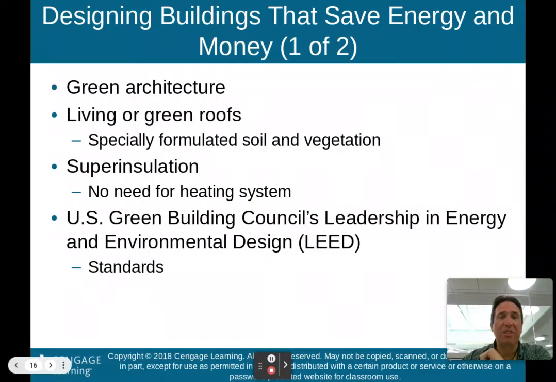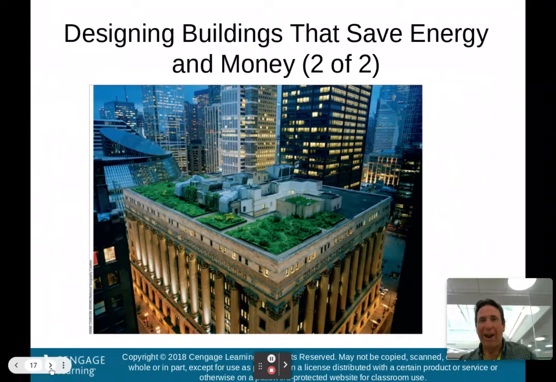Living or green roofs, specially formulated soil and vegetation that actually grow on the roof of a building. Super insulation, when you have no need for a heating system. The U.S. Green Building Council's Leadership in Energy and Environmental Design, called LEED, is in the process of setting these standards on how we can create buildings that are more green, that are more energy efficient.